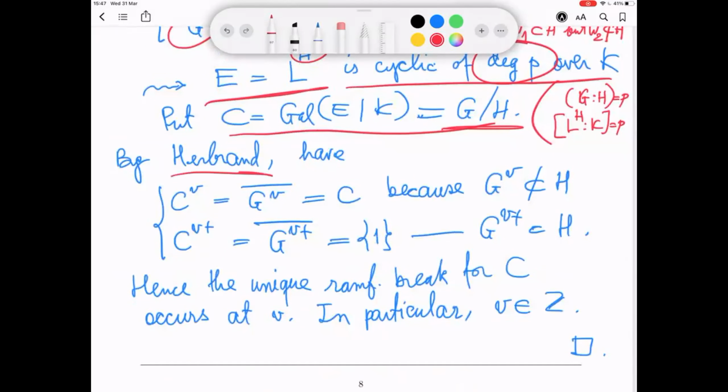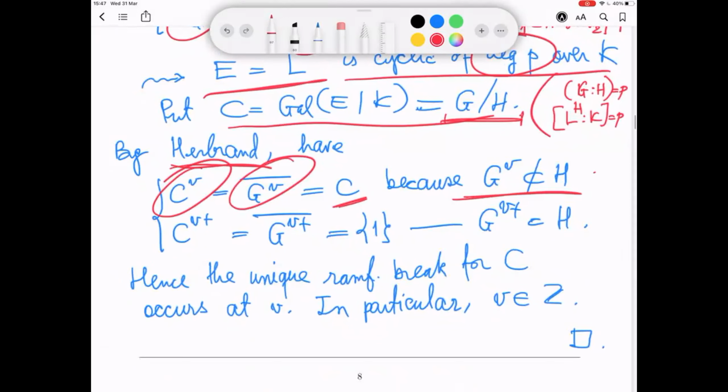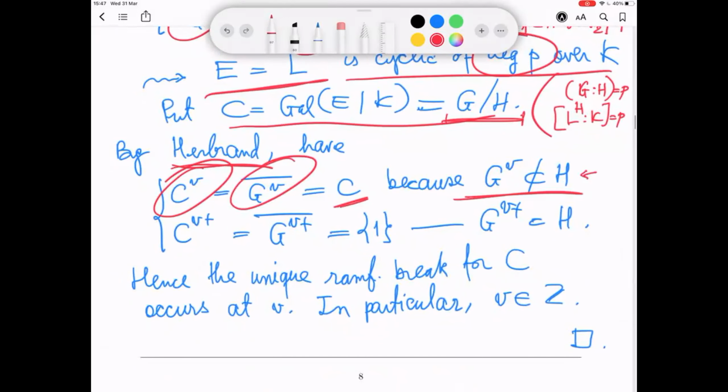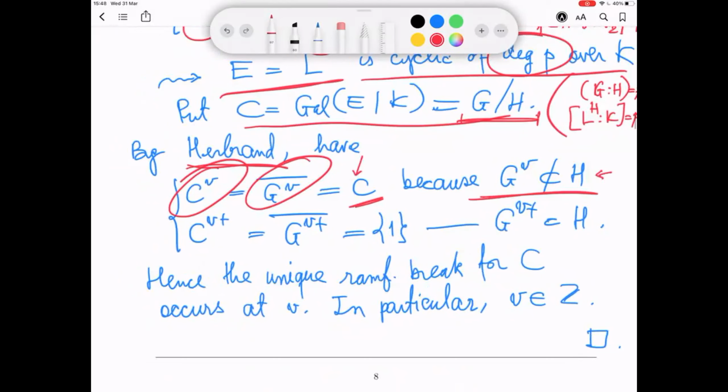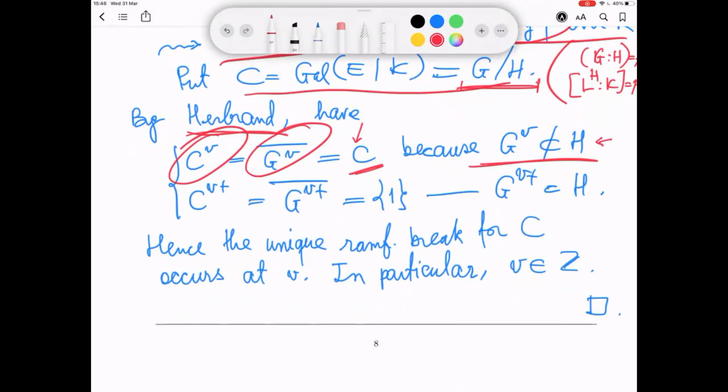Then again, by Herbrand's theorem, what is C^V going to be? C^V is the image of G^V, and that is C because G^V is not contained in H. You're going modulo H. This is the image in G modulo H, and G^V is not contained in H. So the image of G^V is not trivial. But if it's not trivial, and it's a subgroup of C, then it has to be equal to C. Whereas, what is C^V plus?